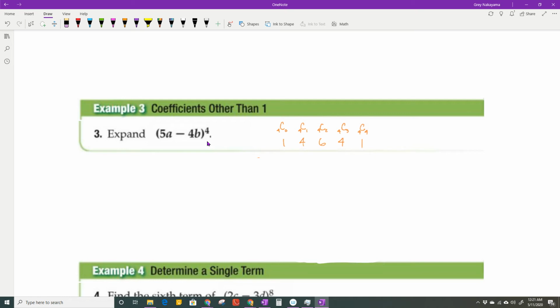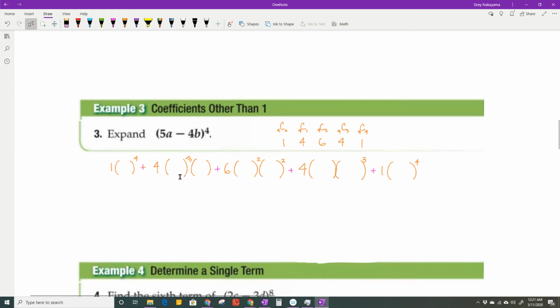And then what I would encourage you to do is write down parentheses to start off with. So I'm going to write a 1, parentheses to the fourth, plus 4, parentheses to the third. So I have one set of parentheses at the beginning and at the end, both to the fourth power. And then I have my coefficients and 2 sets of parentheses every time.